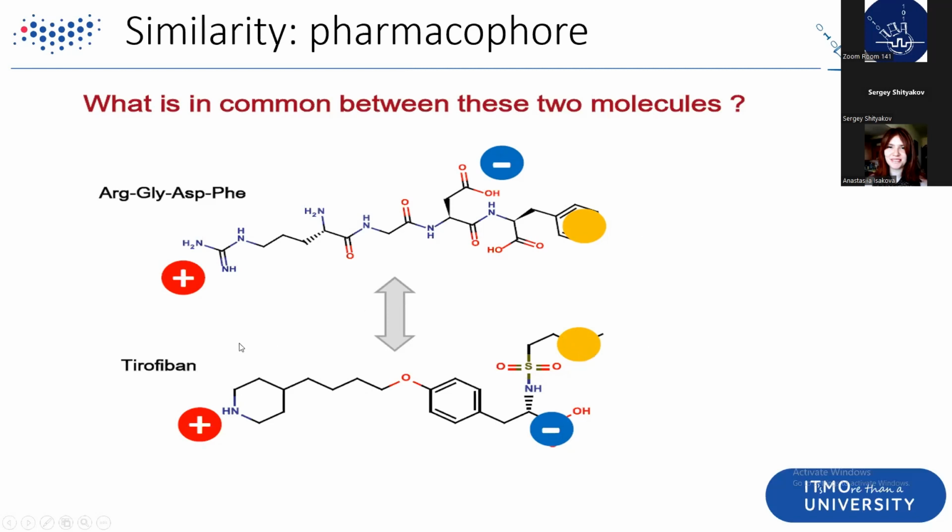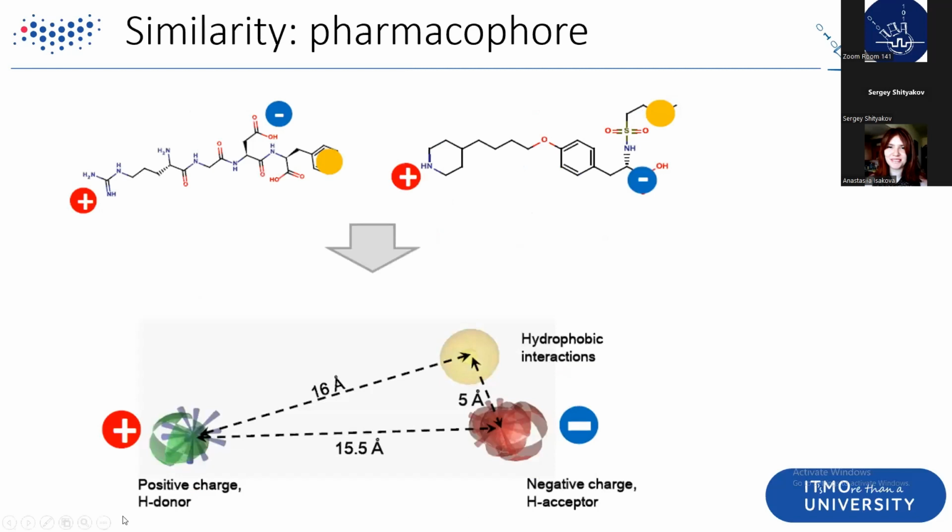That information can be computationally analyzed like this. You have positively charged hydrogen donors, negatively charged hydrogen acceptors, and hydrophobic interactions represented by the lipophilic areas.